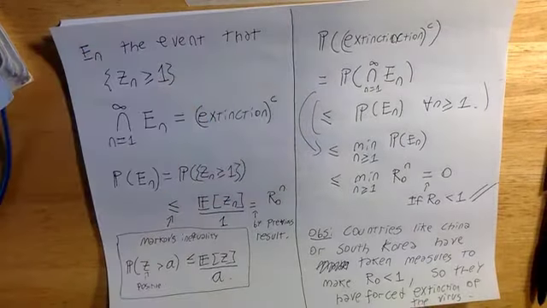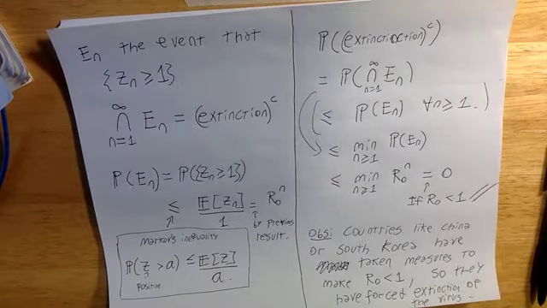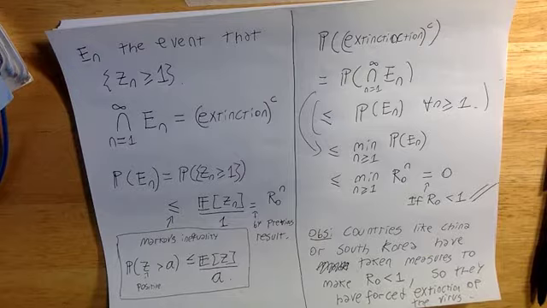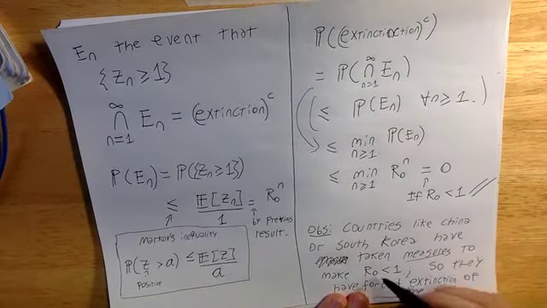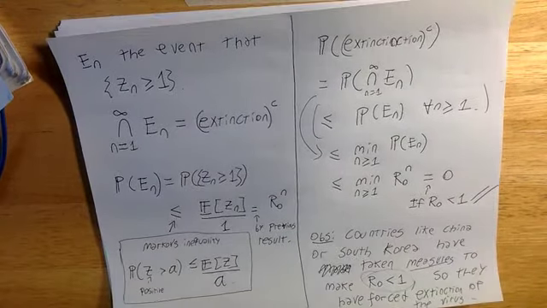So these countries have forced extinction of the virus within their own borders, but now because the virus is in different countries, the question is, do you have to actually keep these measures in place so that we keep this R0 less than 1 so that we have extinction?